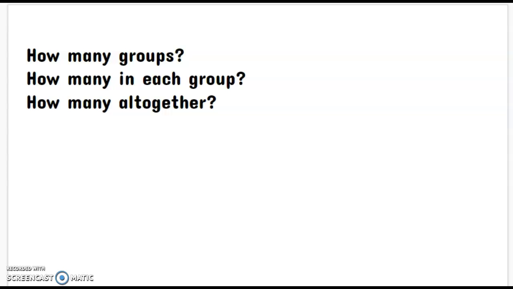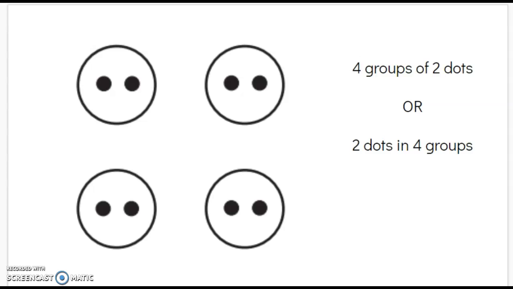How many did you see altogether? So here's some options. Maybe you saw 4 groups of 2 dots. Maybe you saw 2 dots in 4 groups. Both would be correct. Maybe you described it differently. I would love to hear more about how you saw these images.